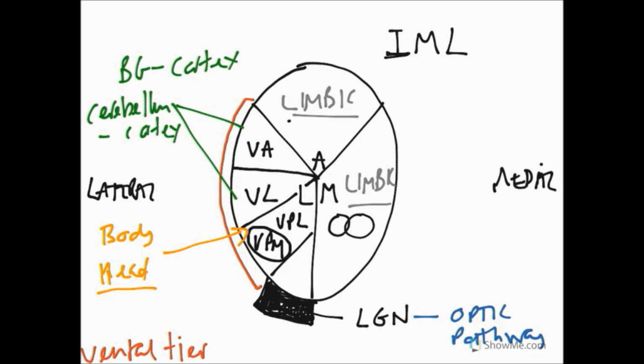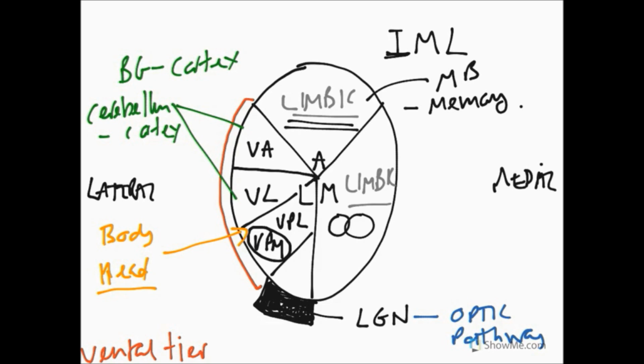In the anterior group up here, now this is quite interesting but probably not that important for medics. This is actually part of the Papez circuit, and this anterior nucleus would eventually relay to the mammillary bodies, and from there would relay back to the cingulate cortex, and this is part of the loop that's involved in memory consolidation from the hippocampus.